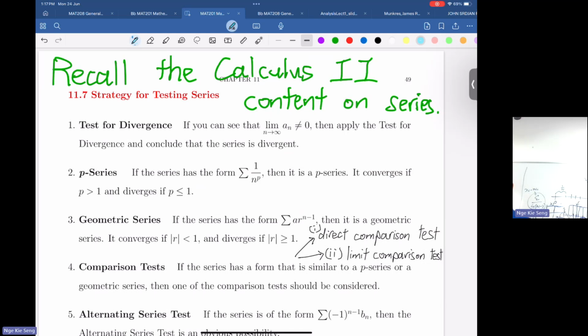Okay, so the next thing we will discuss is the P series, which we will run through quickly. What's a P series? If the series has the form 1 over n to the p, then it is a P series. It converges if p is greater than 1 and diverges if p is less than or equal to 1. What kind of n can we take here?